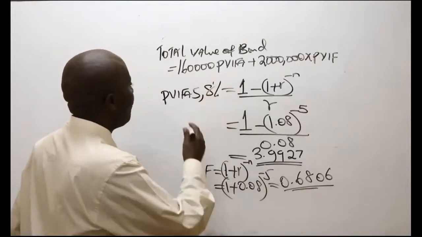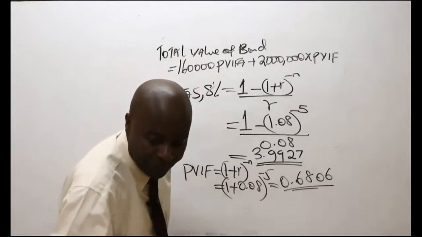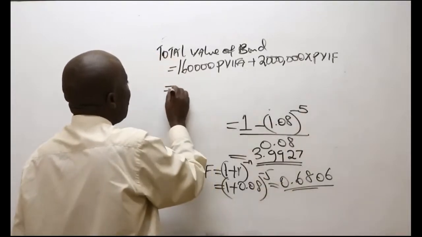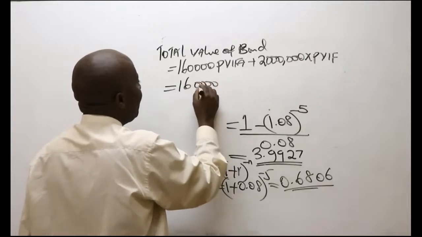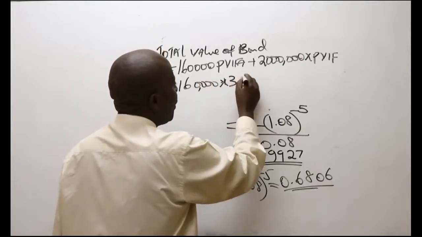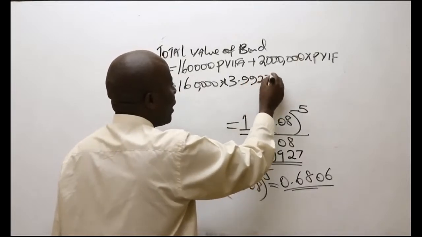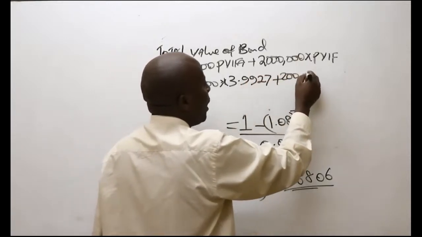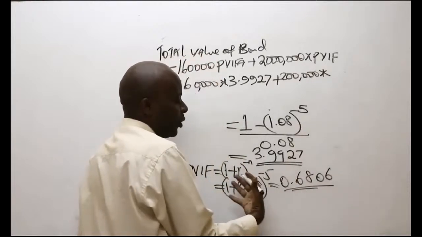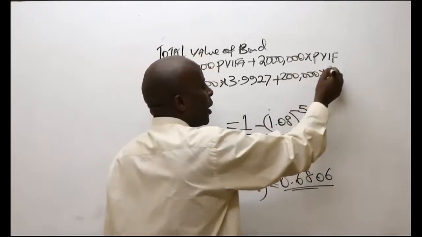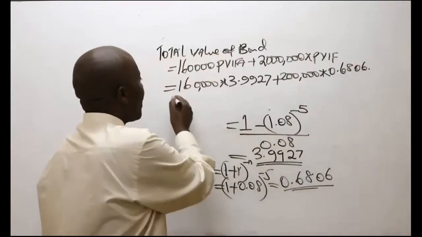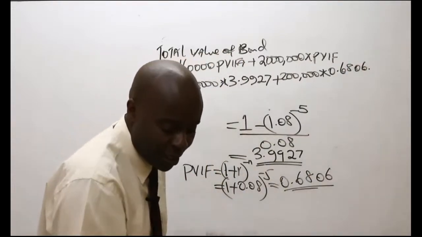So at the end of the day, ladies and gentlemen, this is what we shall be having. This will be 160,000 multiplied by our PV factor, which is 3.9927, plus 2 million multiplied by our present value interest factor of lump sum amounts, which is 0.6806. So please come and give us this parameter. What do we have here?